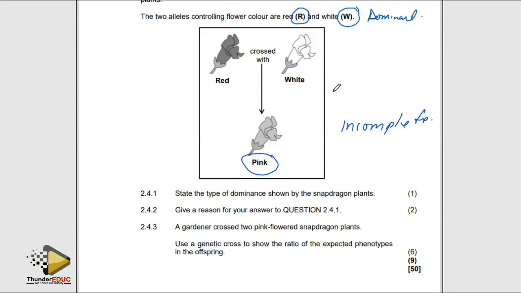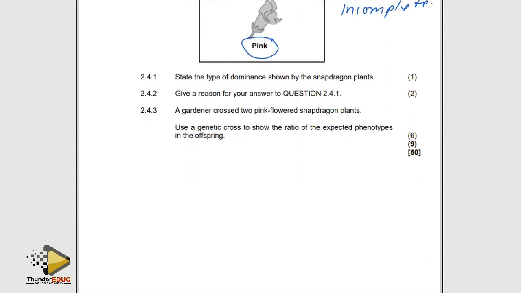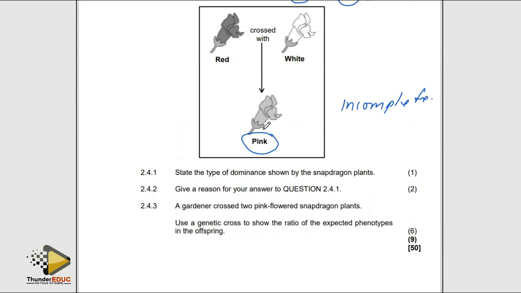If it was codominance, we would have got a mixture of red and white. But now we get an intermediate, therefore it is incomplete dominance. Give a reason for your answer. The answer, as explained, is that an intermediate color was produced.